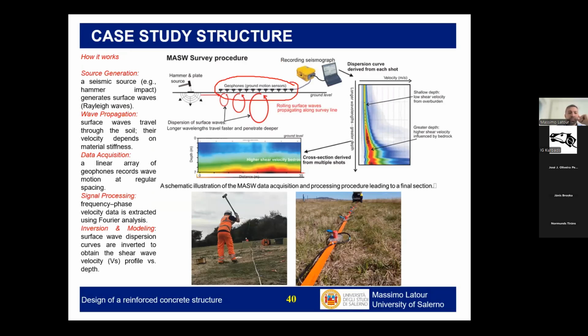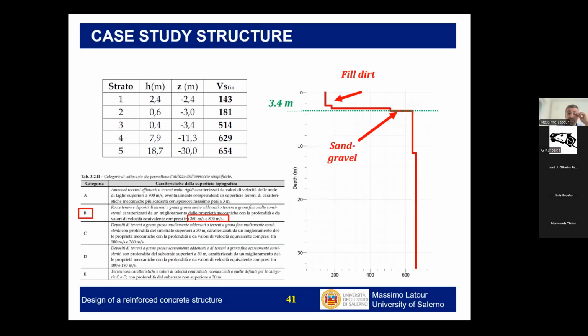So the result of this test will be based on the dispersion and evaluation of the data, a map of the shear velocity within the soil. So for this example, for instance, this is what we get. So this is a diagram of the shear waves velocity in the soil in the first 30 meters, as you see here.